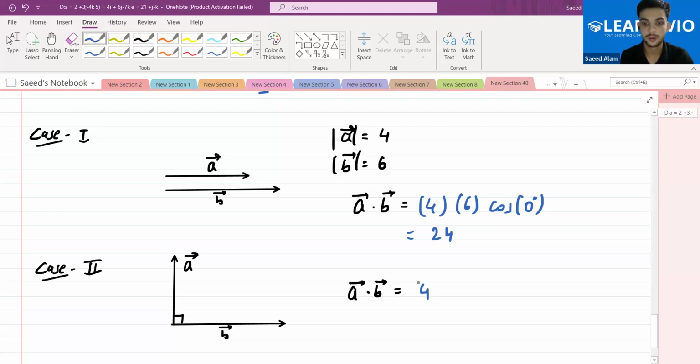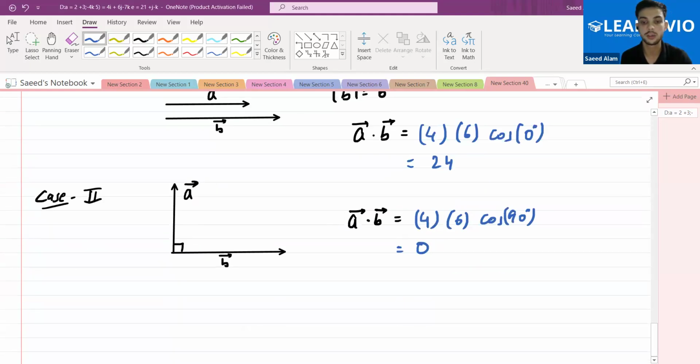Yes, that will be 4 into 6 into cos of 90 degree, and cos 90 is 0. So ultimately the result will be 0. Is this clear to you?